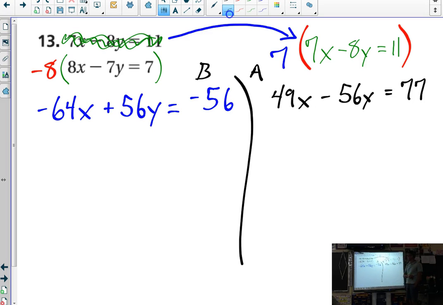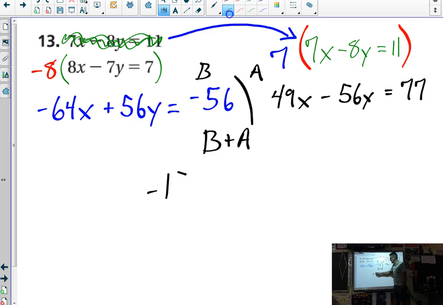I'm going to call this the A side since it was my top equation and this my B side. So how are you going to eliminate, Akash? A minus B, A plus B, B minus A, B plus A? B plus A. So when Akash does B plus A, I have to take my x values, add them together, and I get, what's the difference between a negative 64 and a positive 49? Go from 49 to 50, and then go to 64. So the difference is 15, and the negative wins. It's bigger. My y's cancel each other out when I add them.